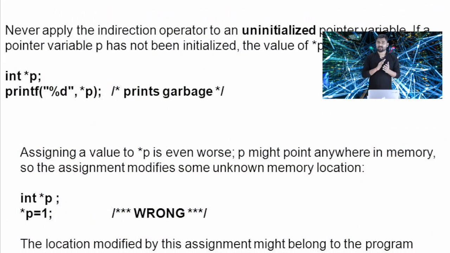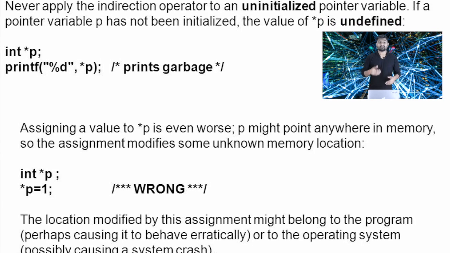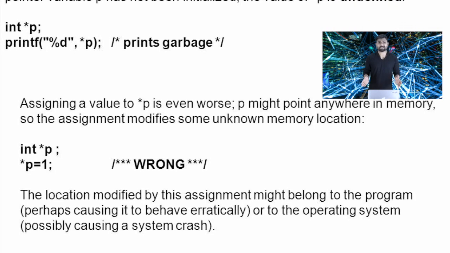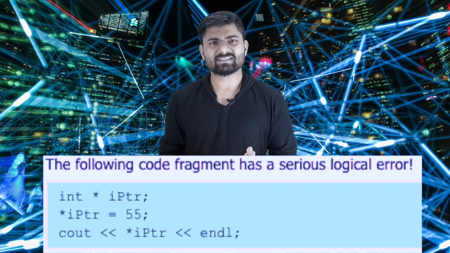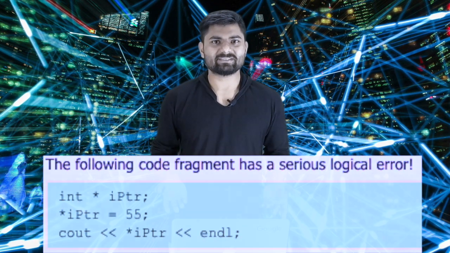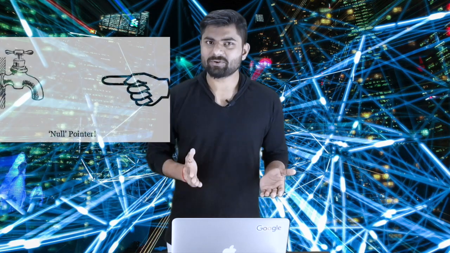Have you ever heard about an uninitialized pointer? An uninitialized pointer has an undefined value. It's not pointing to a specific place or object; you can't do anything with it. Have you any idea about null pointers? You can initialize a pointer to 0 or NULL.